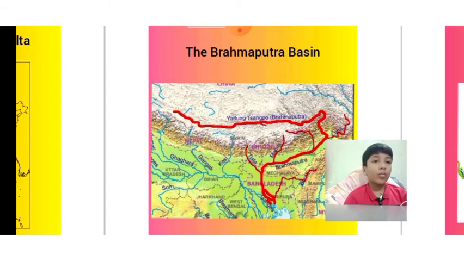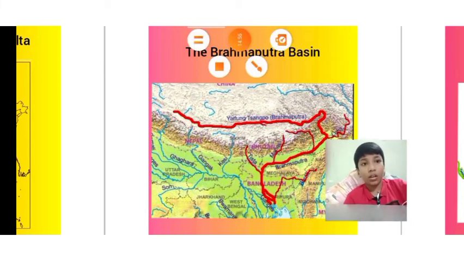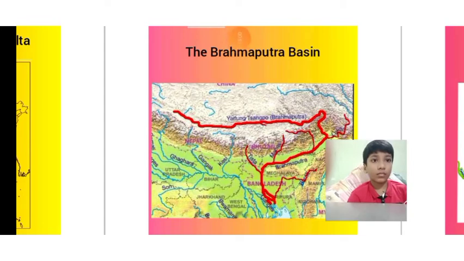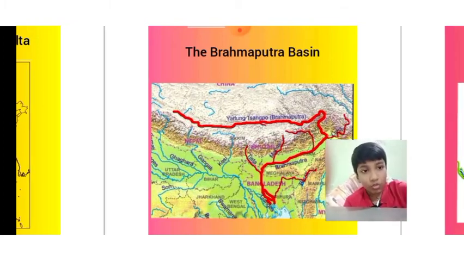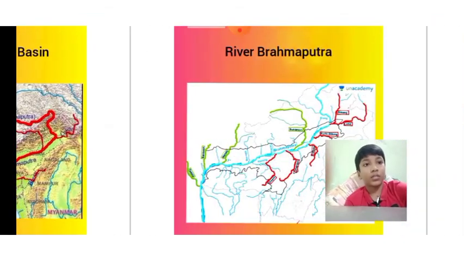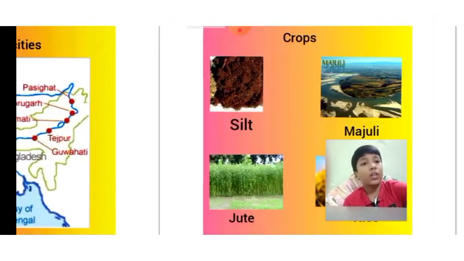Brahmaputra is called Yarlung Tsangpo in Tibet, and it enters India at Arunachal Pradesh, comes down in Assam, goes to West Bengal, comes to Bangladesh and goes down into the Bay of Bengal. Now we'll see river Satluj.